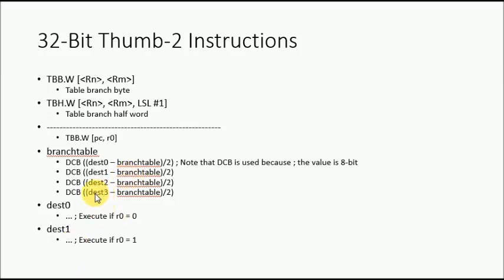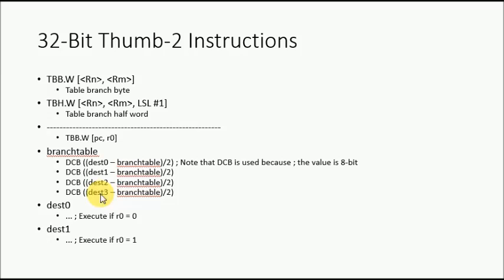Likewise, how many operations, how many nested subroutines you are going to execute, how many n-way branching, how many decision makings we require, depending on that we have to provide the destinations. If we require 4 operations, we have to provide 4 destinations. If we require 8 operations, we require 8 destinations. Likewise we have to use the branch table.